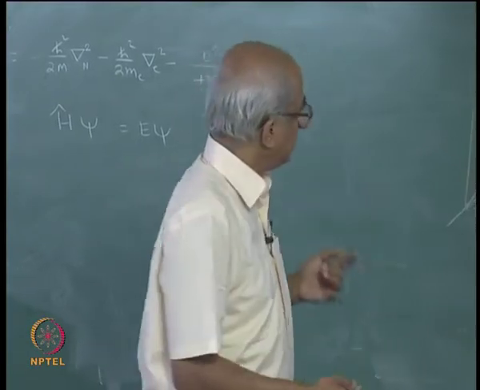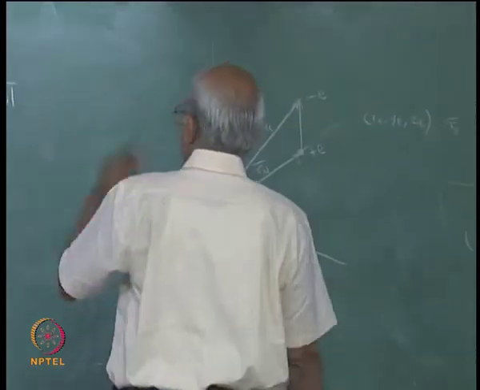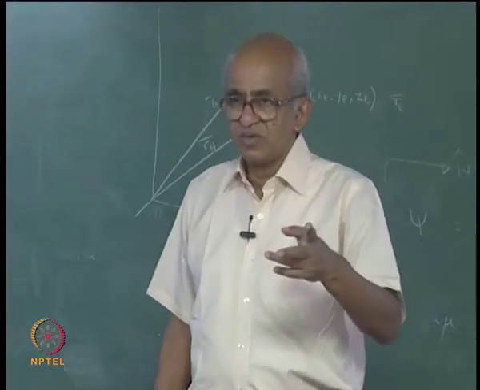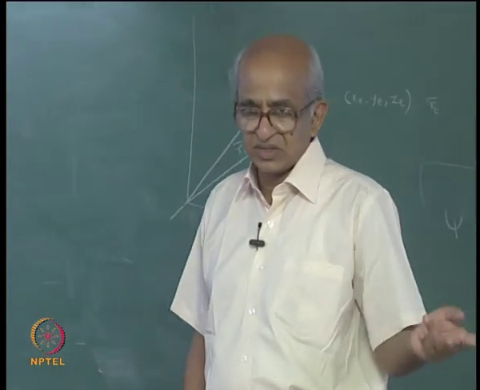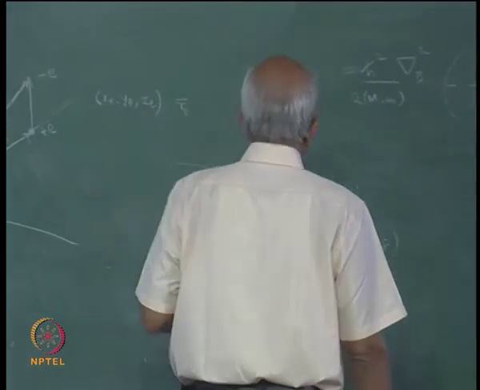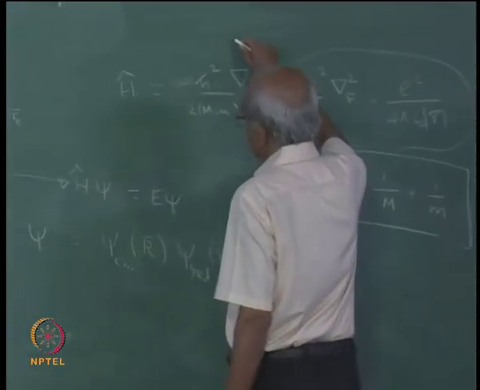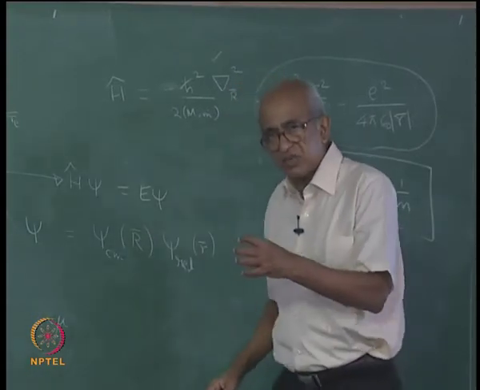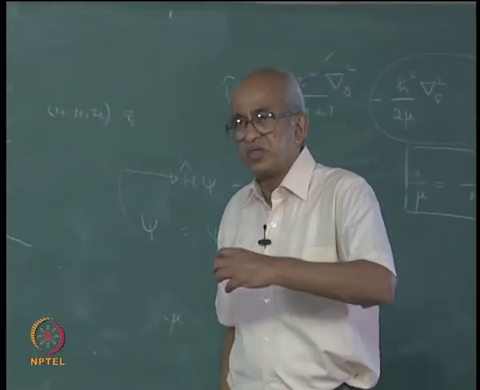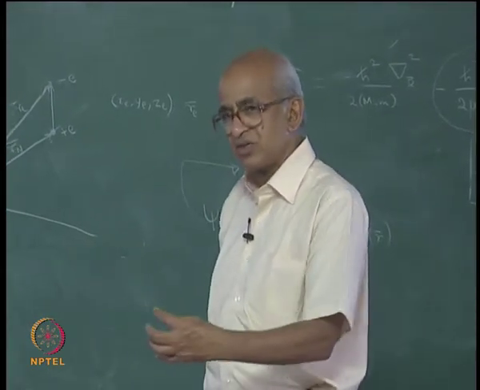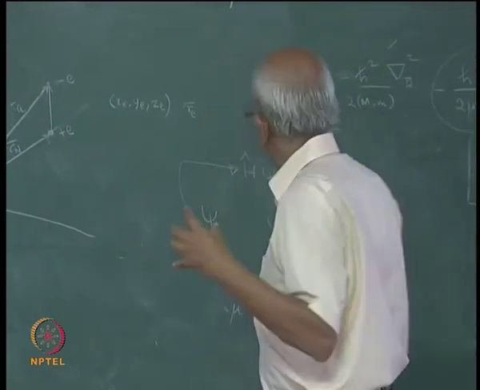So, therefore, we changed over to the center of mass coordinates and the relative coordinates with the transformation we discussed yesterday. After the transformation is done, you have this kinetic energy term which describes the motion of the two particles together as a whole, that is center of mass motion, that just executes translational motion.